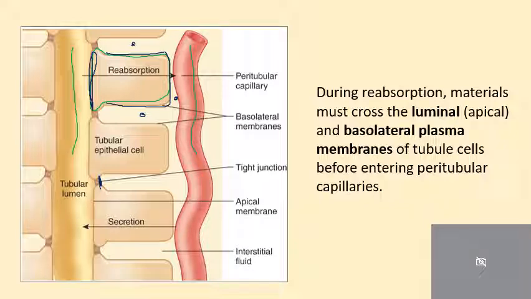So in order for materials to leave the filtrate and enter the blood, it's very difficult for the material to pass in between neighboring cells. Rather, the material needs to go through the cells, as shown here in this arrow indicating reabsorption and in this arrow indicating secretion.